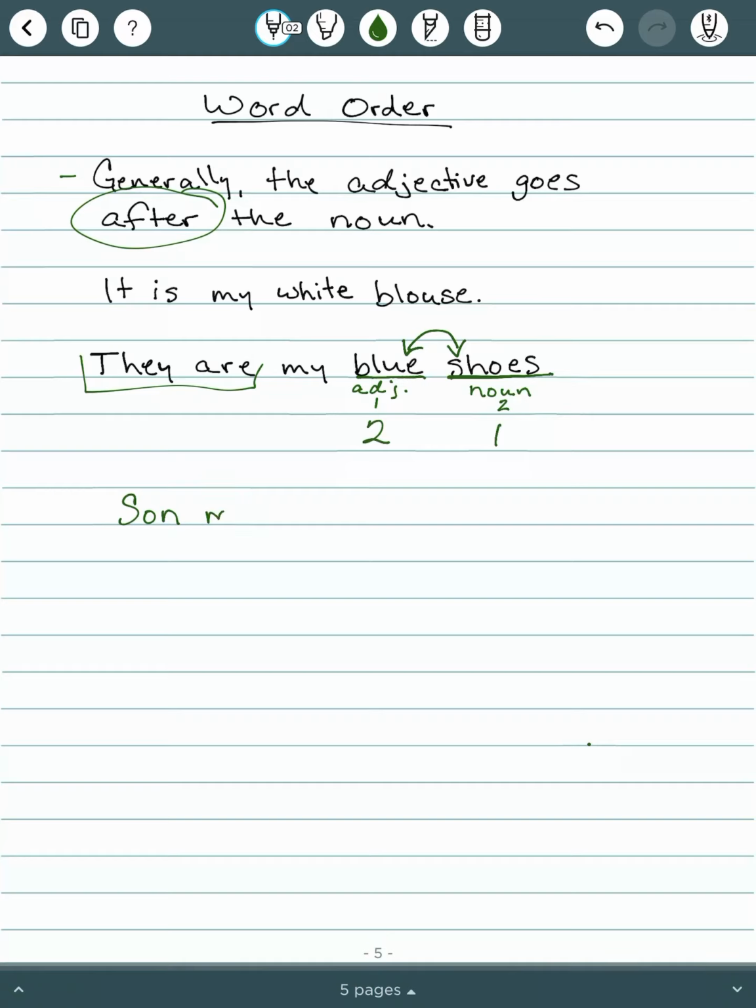So my is me, blue is azul, zapatos is shoes. So let's take care of the word order first. We said we put shoes first and blue second. So we're going to switch these two words. Son mi zapatos azul. Now we're getting closer.